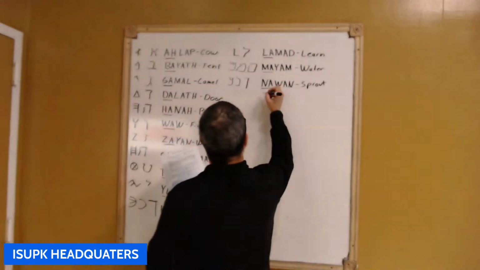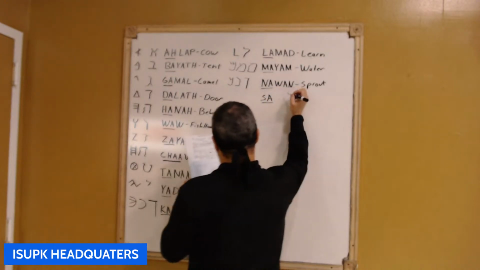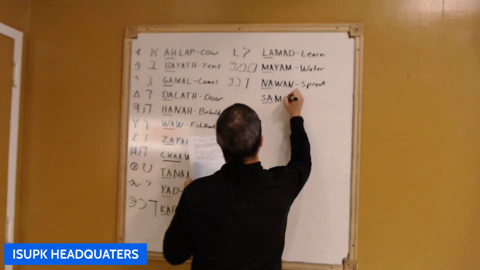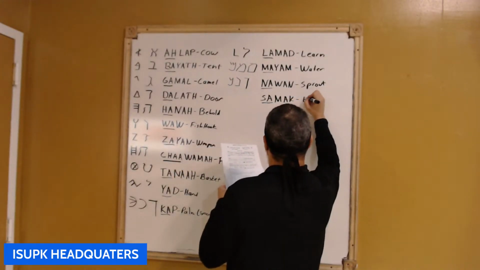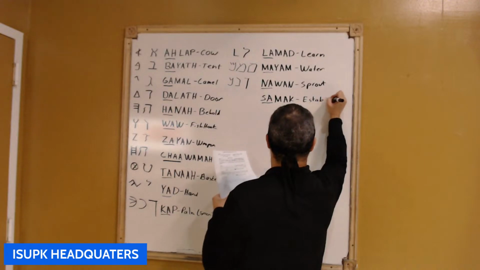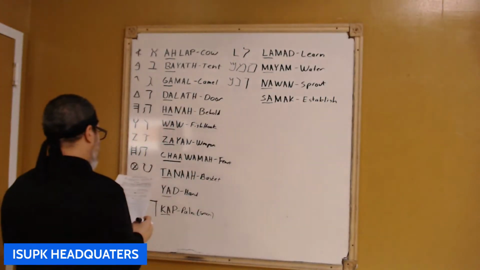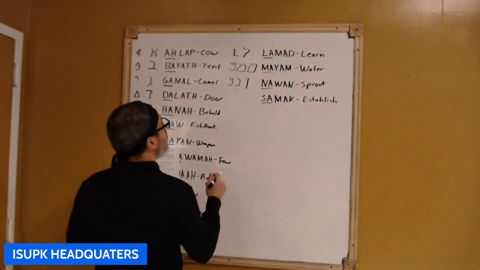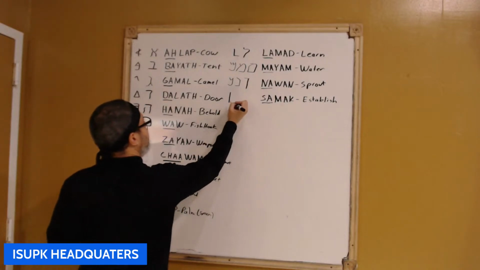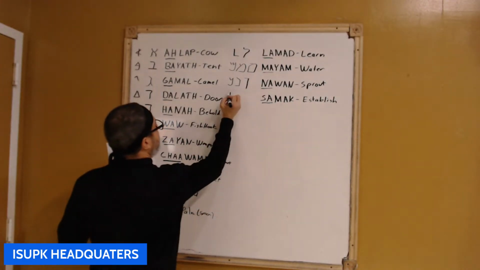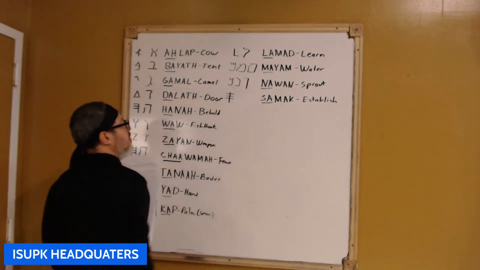Next, we have the sa, which is short for samak. And that means establish. And the sa sound in the ancient is one line down, and then 1, 2, 3 lines across.